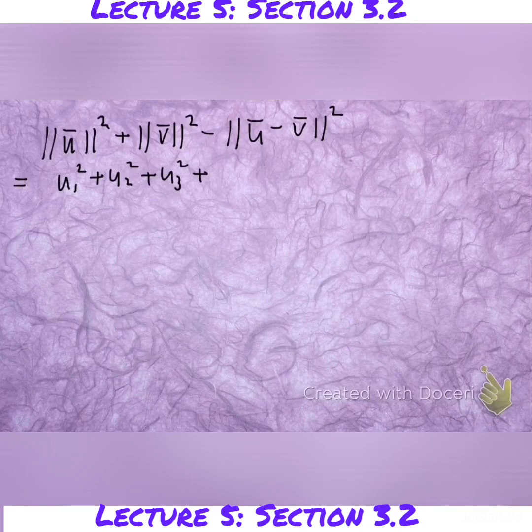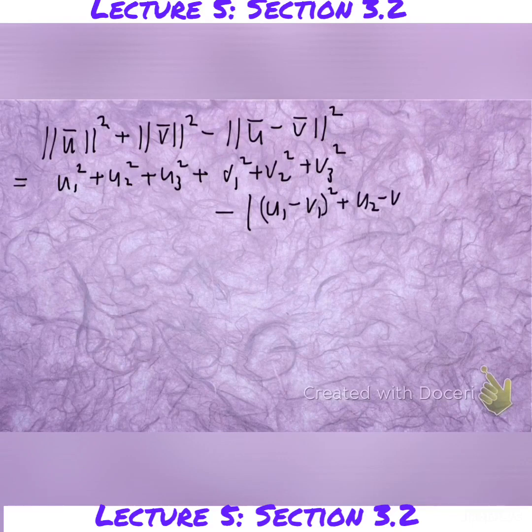And what's the norm of v? It's v1 squared plus v2 squared plus v3 squared. Remember, the norm measures the length of the vector. And this term here, what is the norm of that? It's going to be u1 minus v1 squared, plus u2 minus v2 squared, plus u3 minus v3 squared.